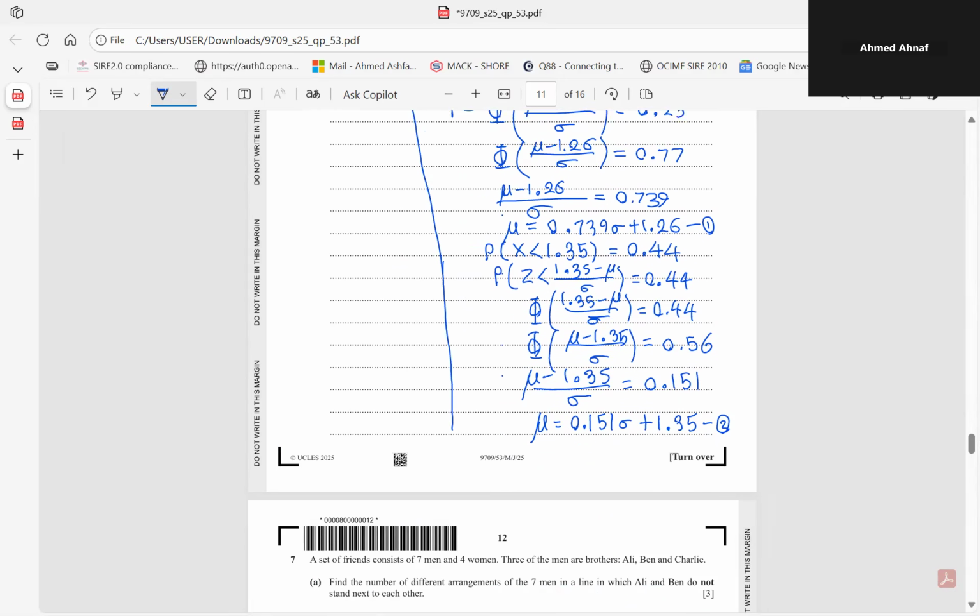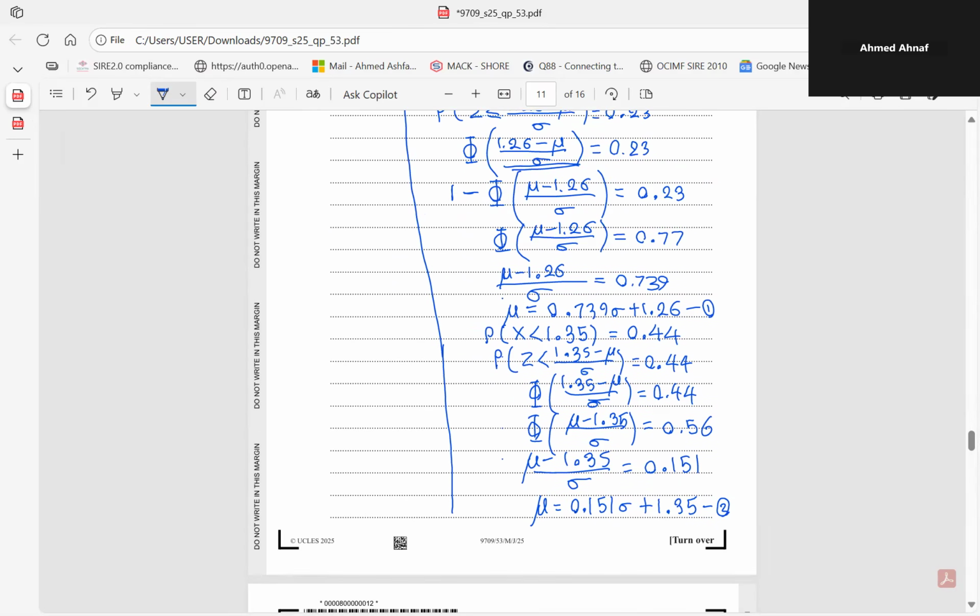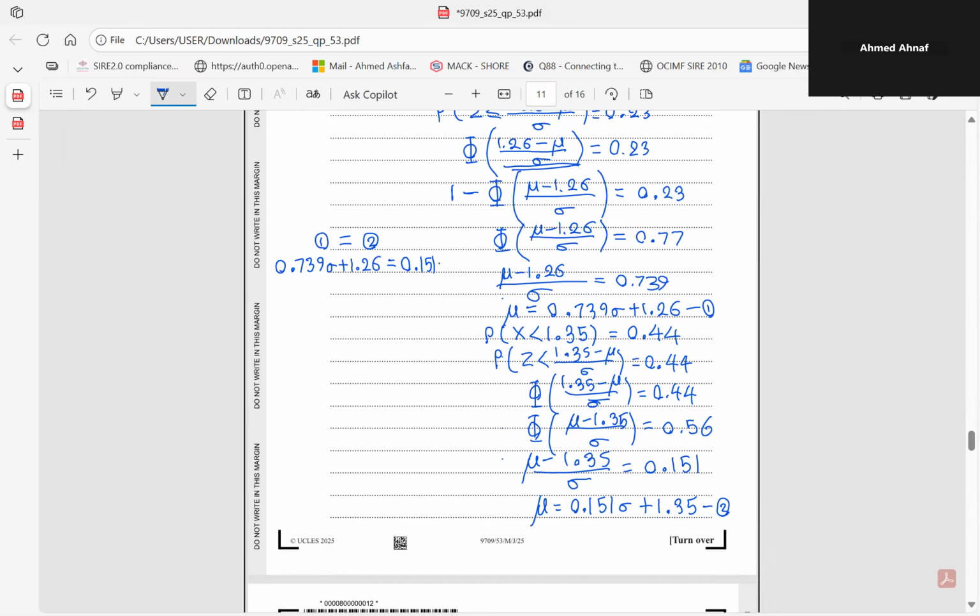Let's use the left side of the board to solve. Let's equate 1 and 2 together and find sigma first. So 0.739 sigma plus 1.26 equals 0.151 sigma plus 1.35.